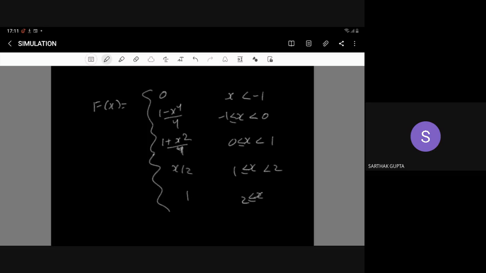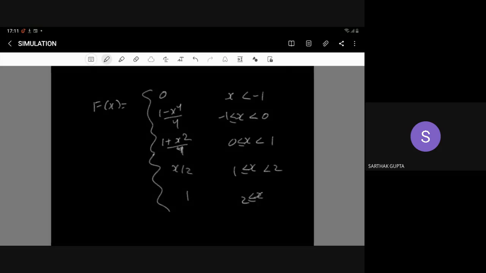It means fx can be written as 0, 1 by 4, 1 by 2, and 1. At this place we have f1, at this place f2, at this place f3, equal to u between 0 and 1.